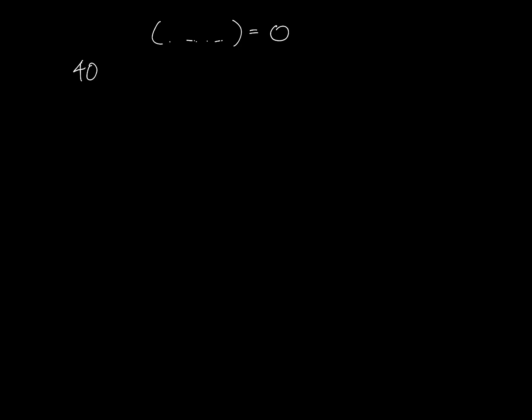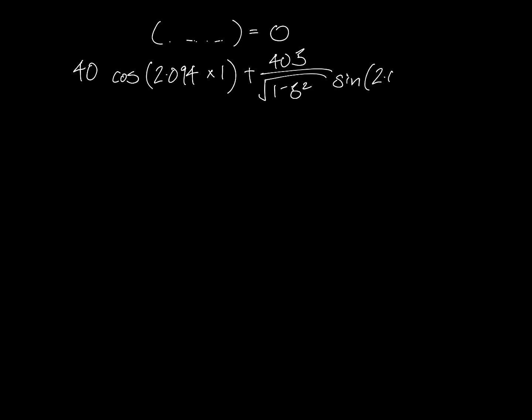We have 40 cosine omega d t. So we have derived omega d as 2.094 times t, which is 1 second, plus 40 zeta over root 1 minus zeta square sine 2.094 times 1. So this whole term is going to be equals to 0.